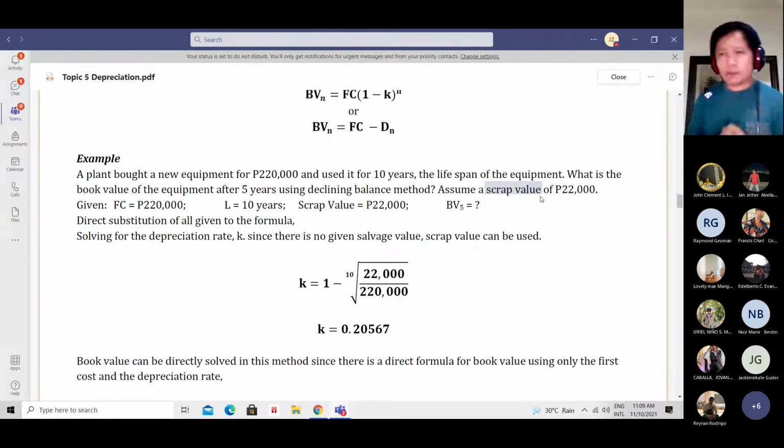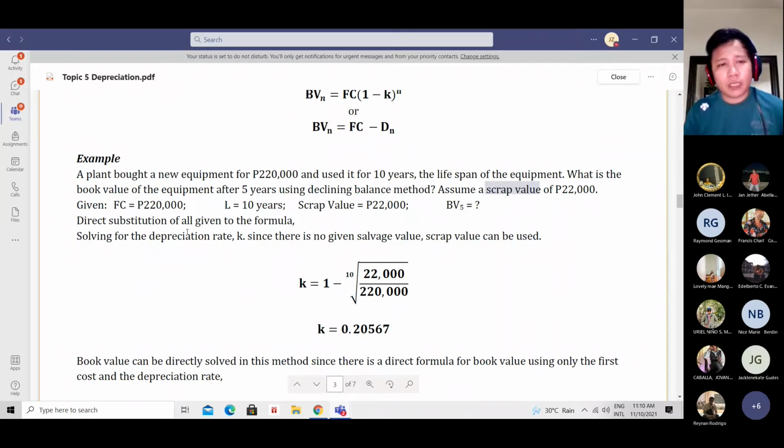It won't happen that both values are given. Only one will be given, either salvage or scrap value. Okay? Now, for this one, since you are given the scrap value, then you use the scrap value instead of salvage value. Okay, this will be your replacement for salvage value.